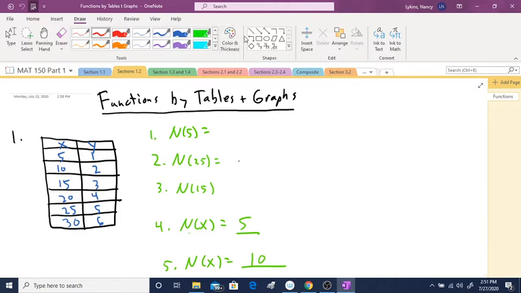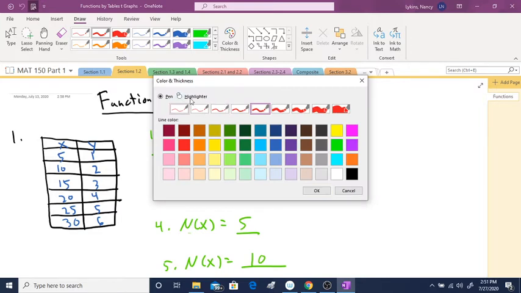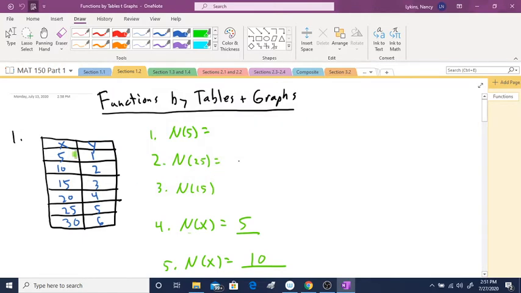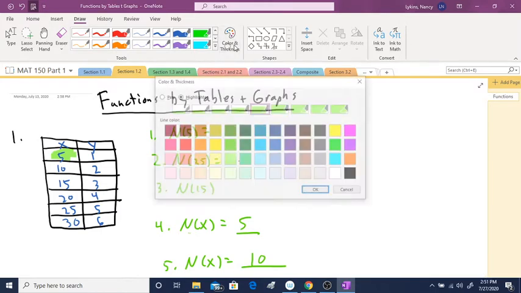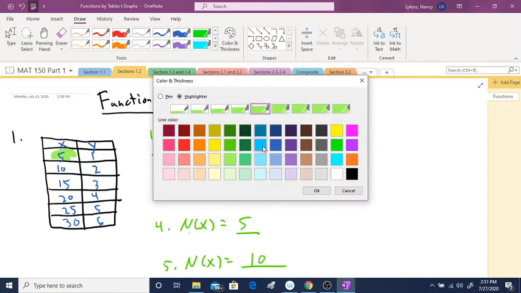So what I'm going to do is shade this in for a second, very light. So that means when X is 5, what's my answer? What is my Y value? We don't know what this equation is yet, but we do know if you put in 5, it gives you 1.